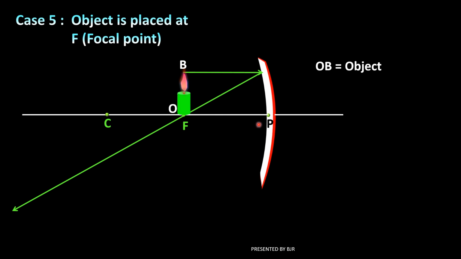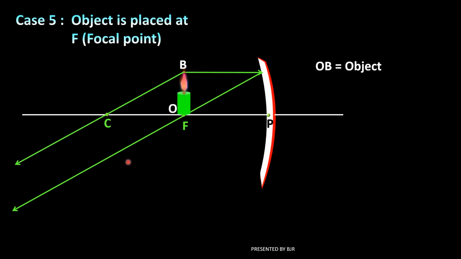Now let us draw the second ray. I will draw the second reflected ray directly from the point B through C. Okay, and see here, this is the second reflected ray passing through the center of curvature.